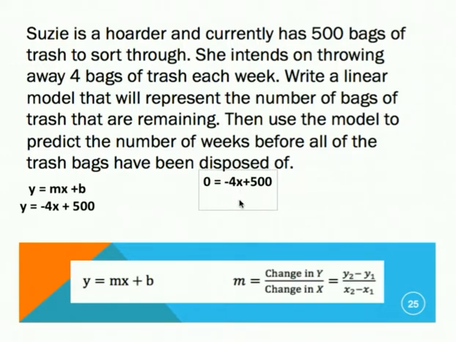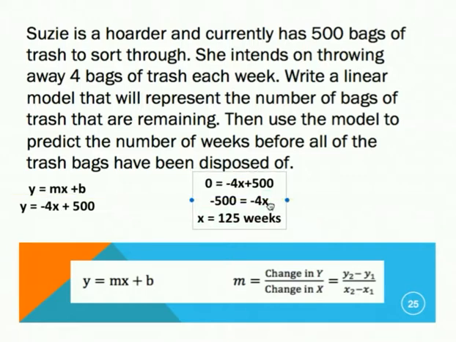So if I show a little work here, I'm going to have negative 500 equals negative 4x. Divide both sides by negative 4. If I take negative 500 and divide it by negative 4, I get a value of 125. So x equals 125 weeks. So that would be my answer there.